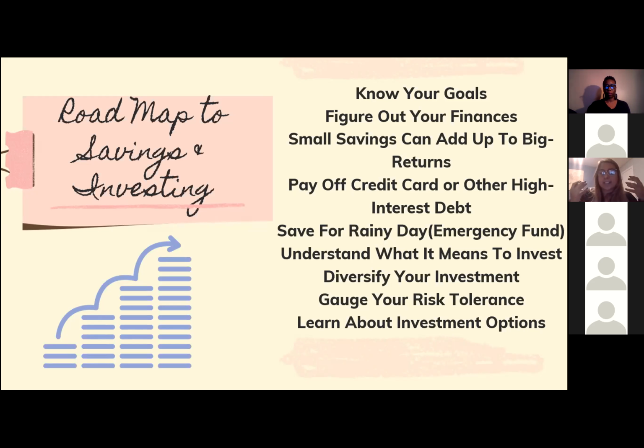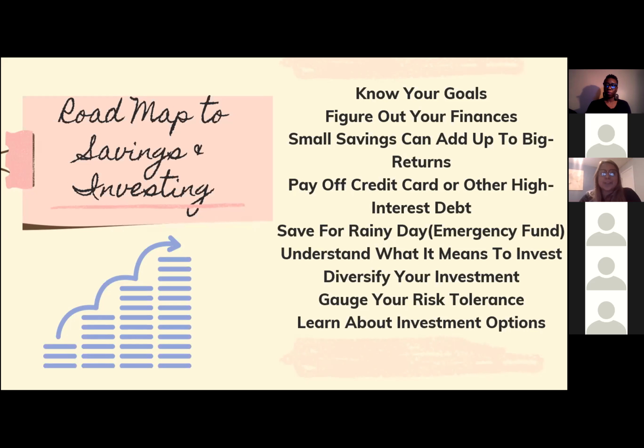An emergency fund. It's important for you to look into investing, but also make sure that you're building an emergency fund. Understand what it means to invest. What is investing? What does that really mean? What do I have to do if I want to invest, and how is my money going to be tied up, or is my money going to be tied up, right? You want to make sure that you understand that.